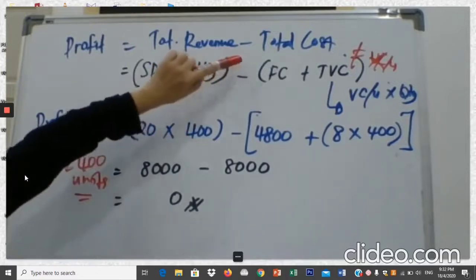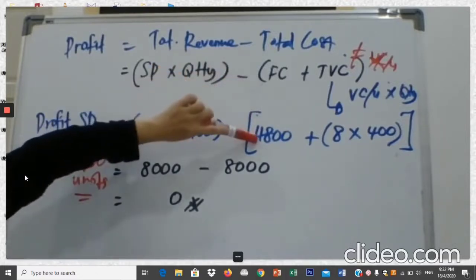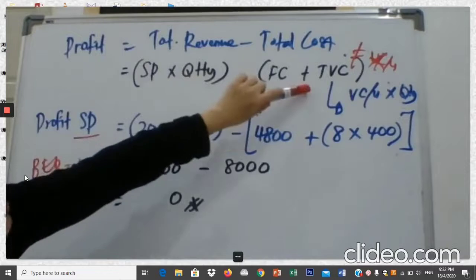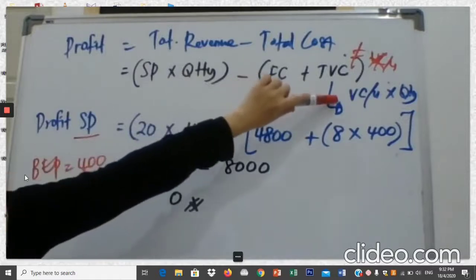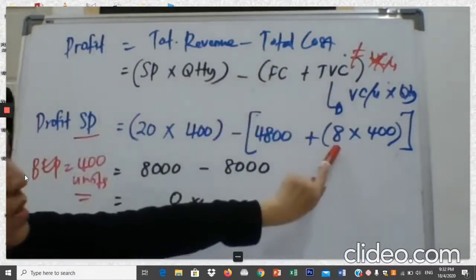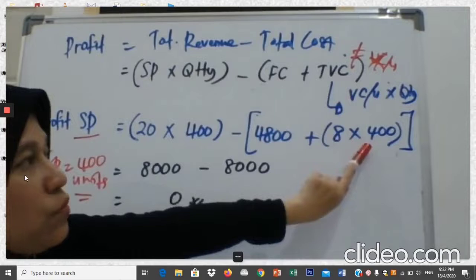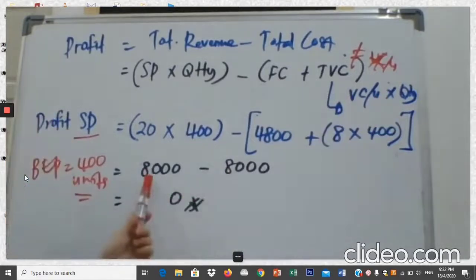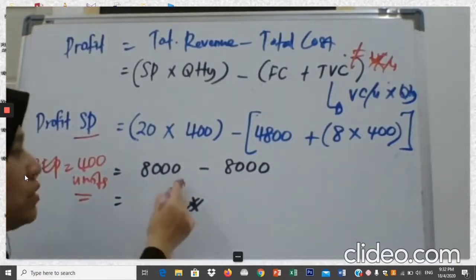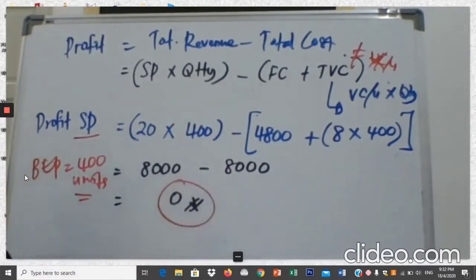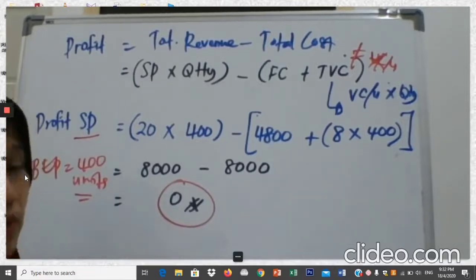And the component for total cost is the fixed cost given 4,800 plus the total variable cost, which is actually the variable cost per unit times the quantity, which is 8 variable cost per unit and 400 as the quantity. So what we get over here, total revenue is 8,000, total cost is 8,000. Yes, it is really at the break-even point, the company will have zero profit. Okay, so this is just to confirm only.